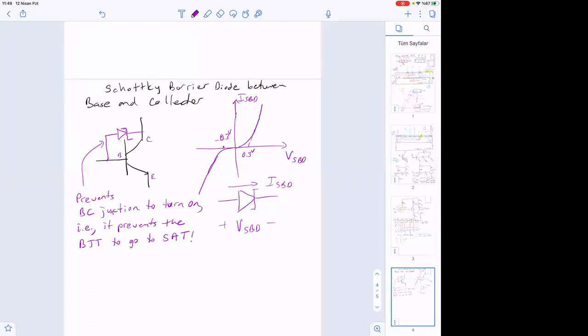You know, what was the problem with this saturation? When it goes to SAT, that base charge was large, and then we had to remove that base charge.